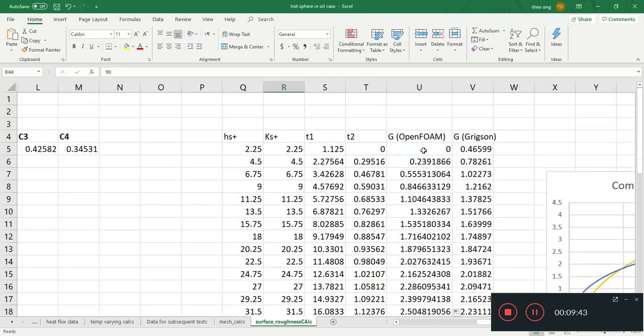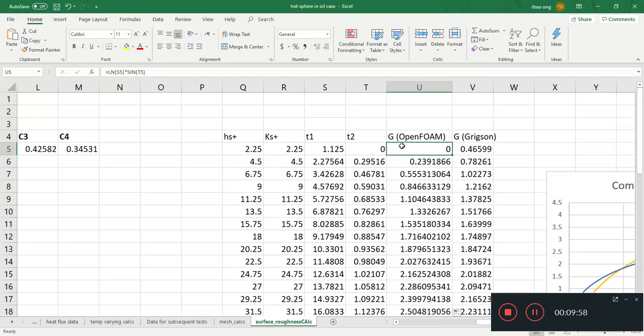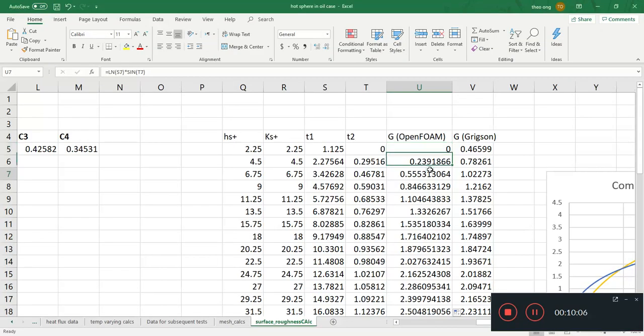That's where we get this G from the OpenFOAM wall function. It starts from 0 because, remember, in the third regime for Ks less than 2.25, we have a smooth wall treatment, so this roughness function should be 0. That's how we get these values.